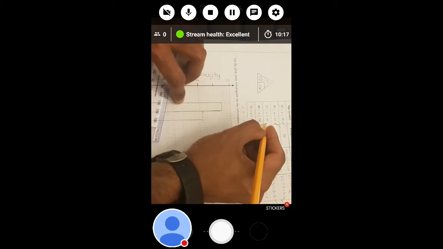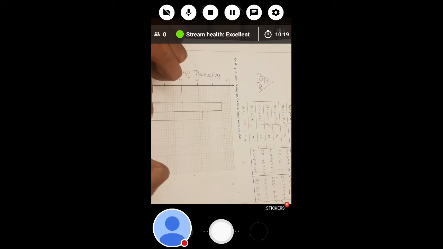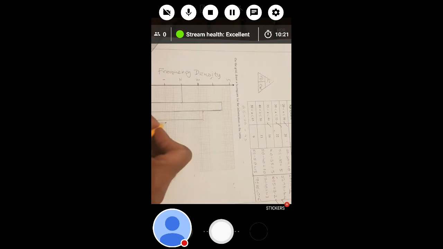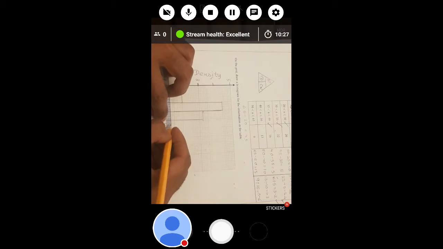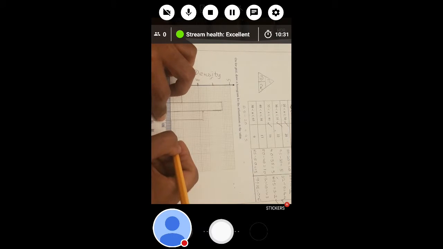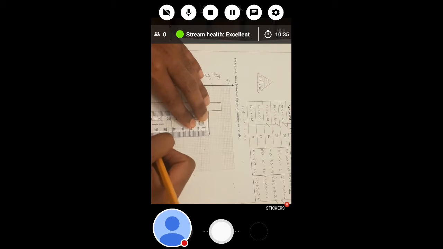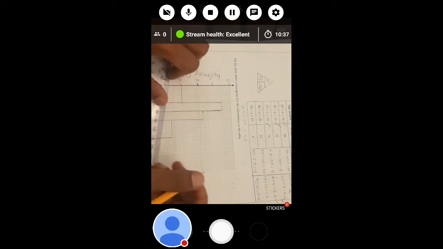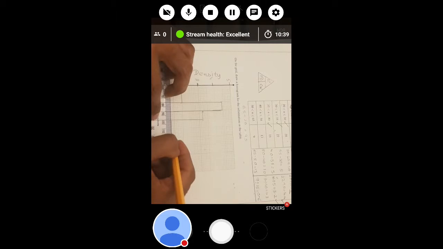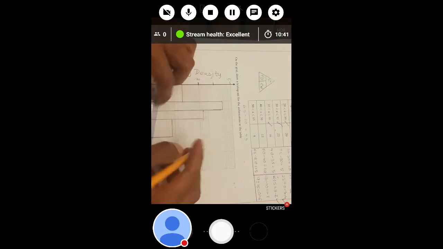Done. Then 40 to 50, that's a gap of 10, with a frequency density of 1.3. Okay, done that.